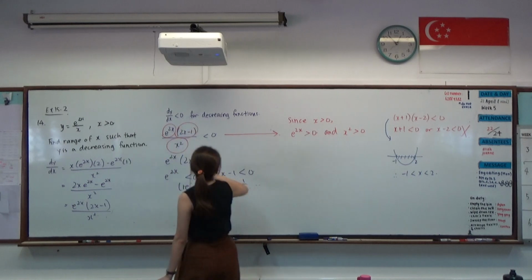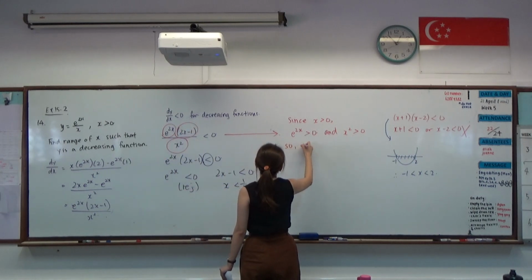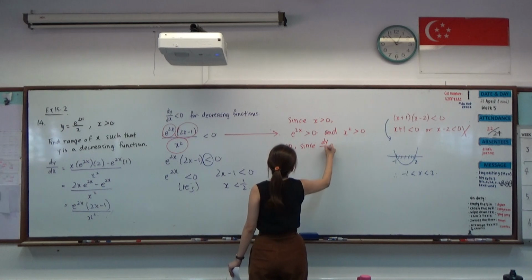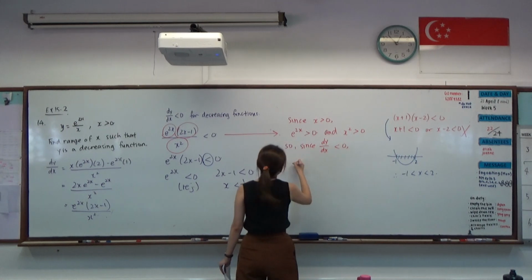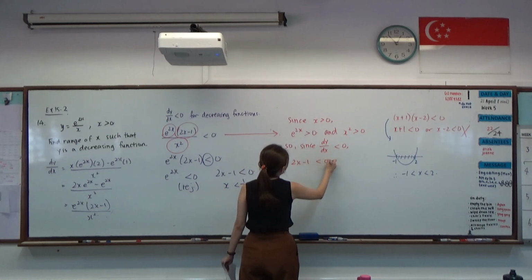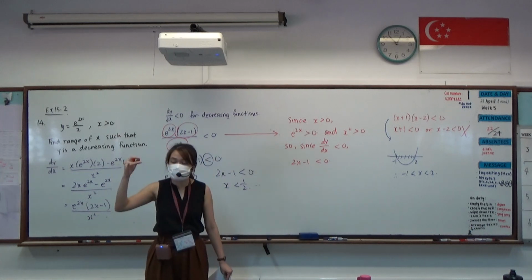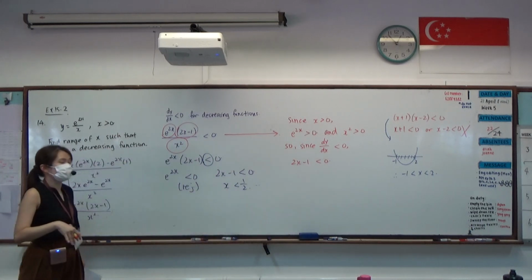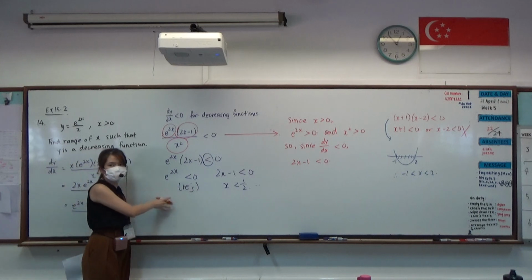Therefore, since dy over dx is less than 0, your 2x minus 1 must be less than 0. That is the thought process you should be having. It is not about rejecting it at all.